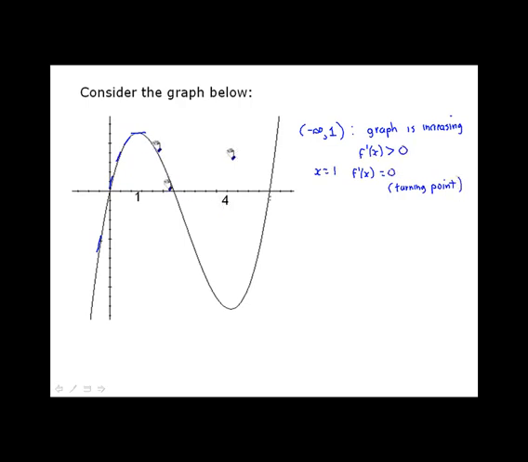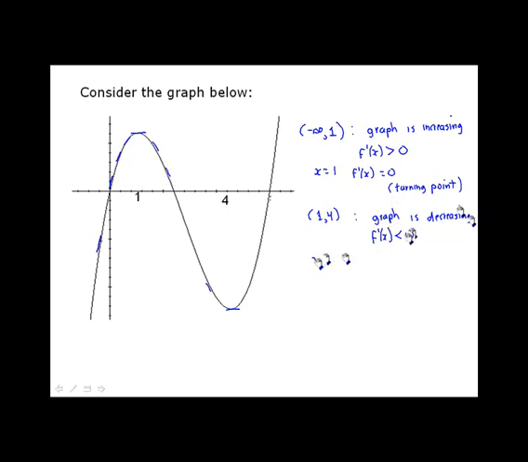And then for this next interval, all the way to 4, we could say 1 lower limit, 4 upper limit, non-inclusive, the graph is decreasing. And f prime at x is going to be negative, so less than 0.